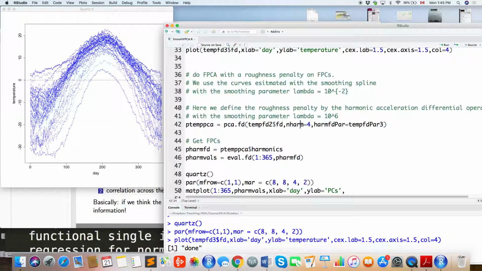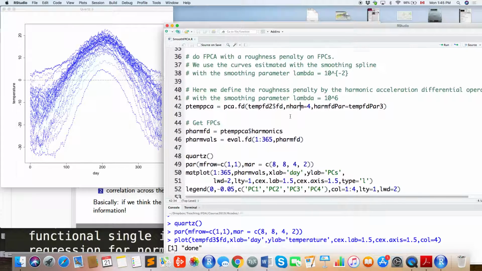The reason is how we do the pre-smoothing on the curves. Because the curve here is very rough, if we use a smaller value for the smoothing parameter, the FPCs will be very rough as well. So here we have a pretty big smoothing parameter on the FPCs, 10 to 6. Okay, so I do the FPCA.